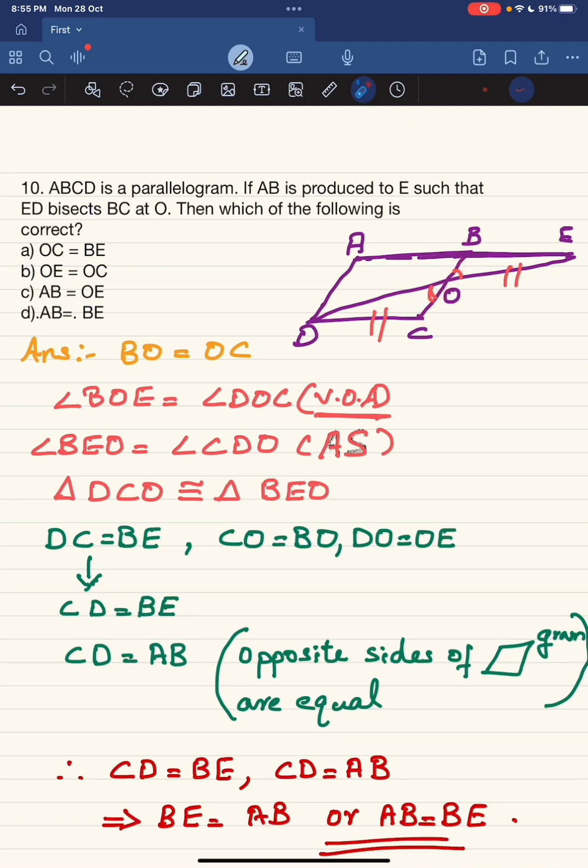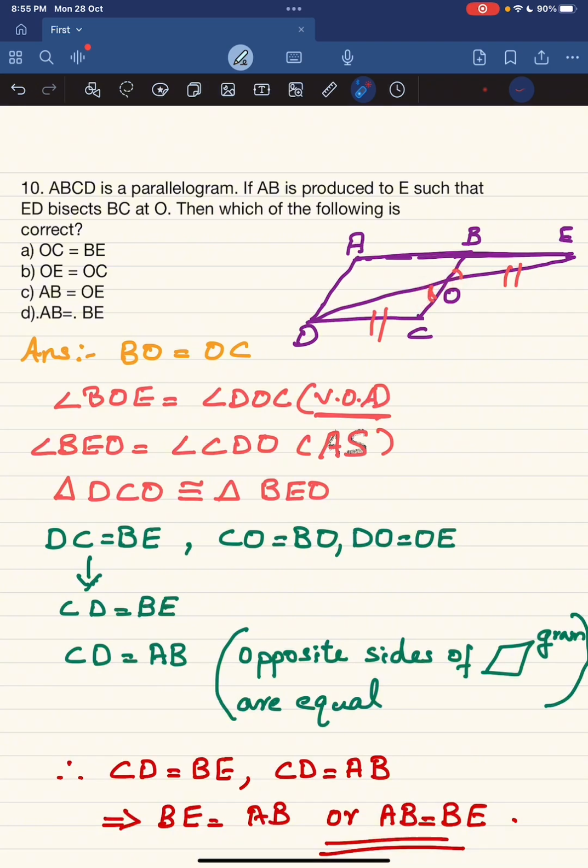Then angle BOE is equal to angle DOC, right? How did we get this? Because this is a parallelogram and ED bisects BC, so these vertical opposite angles are equal, right?